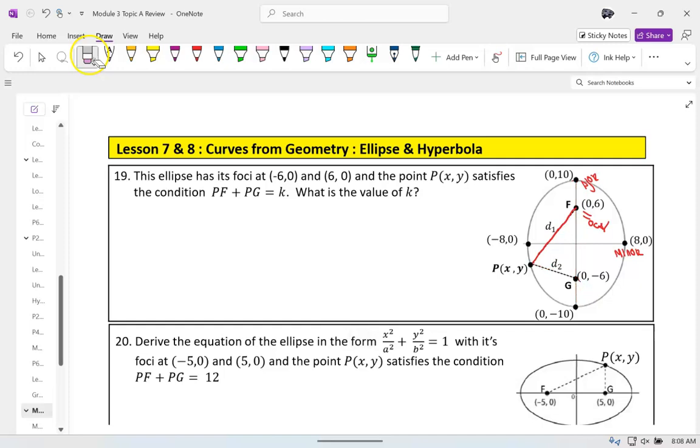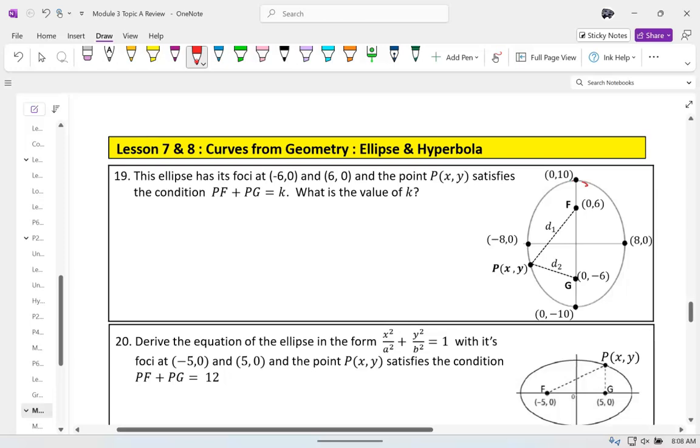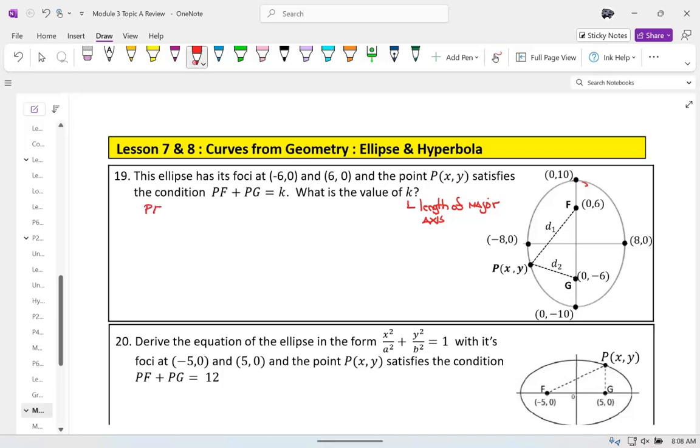All right, so what this is asking you for, this is K is the length of the major axis. Because PF plus PG, okay, we know that that's equal to 2A, and 2A is the same thing as the major axis.